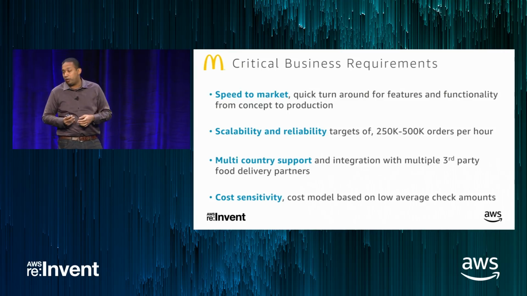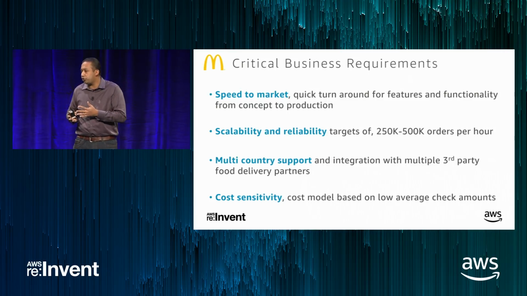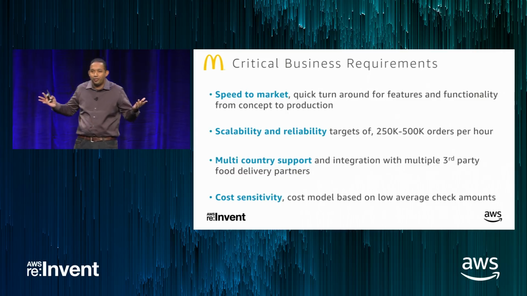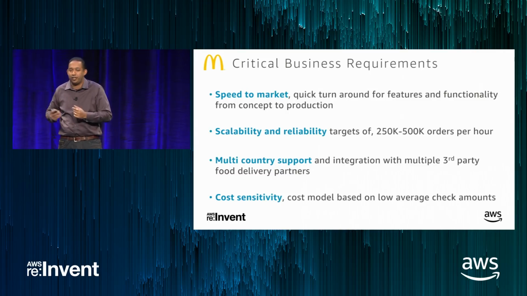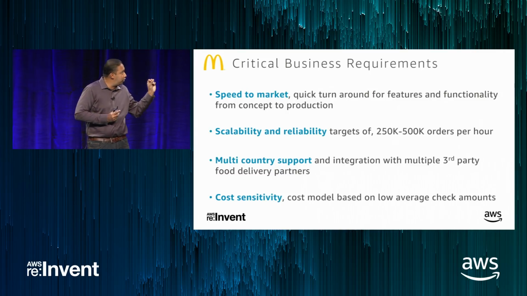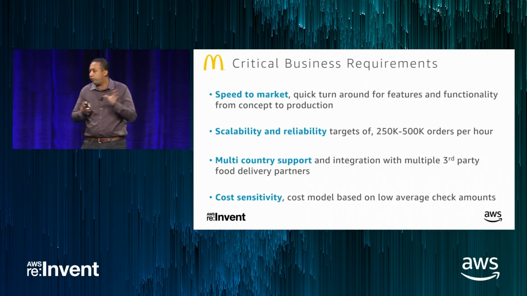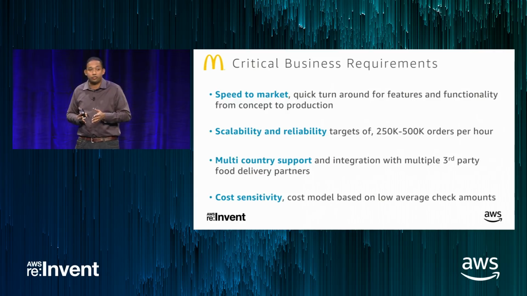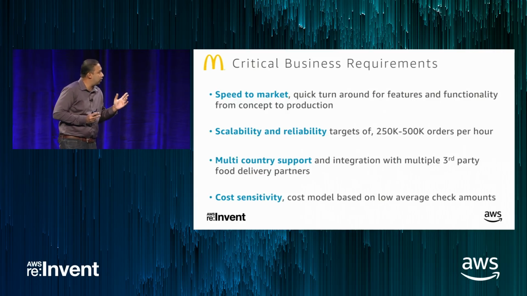Scalability and reliability, 250 to 500,000 transactions, and the notion of peak hour for us happens 3 times a day, every day, right? Because you got to eat, there's breakfast, lunch, and dinner, right? And to put this in perspective, this 250 to 500,000 transactions per hour translates to about 20,000 transactions per second, right? So that's kind of the scale that we're talking about here.